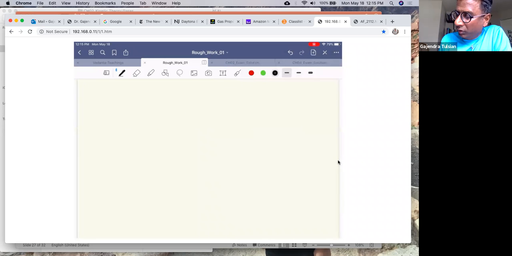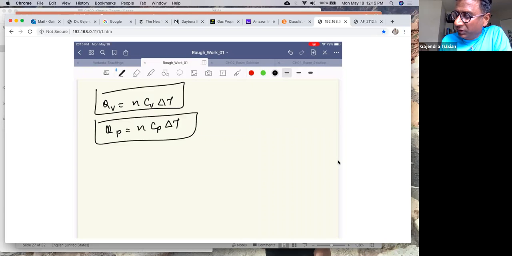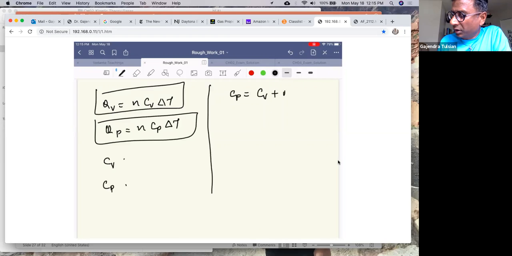When you add heat at constant volume, this is how much heat you added, CV times delta T. And if you add heat at constant pressure, CP delta T, that's how much heat you've added. CV is specific heat at constant volume and CP is specific heat at constant pressure. And you will see in a little bit that CP is CV plus R.